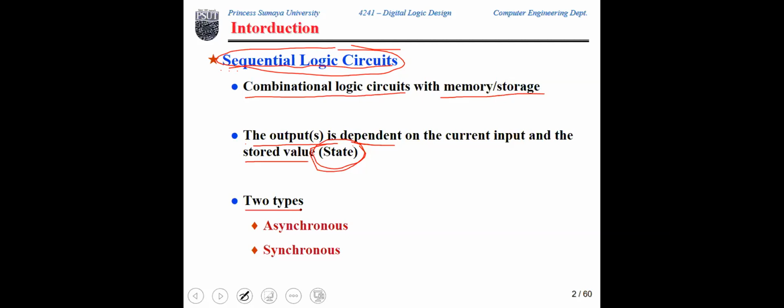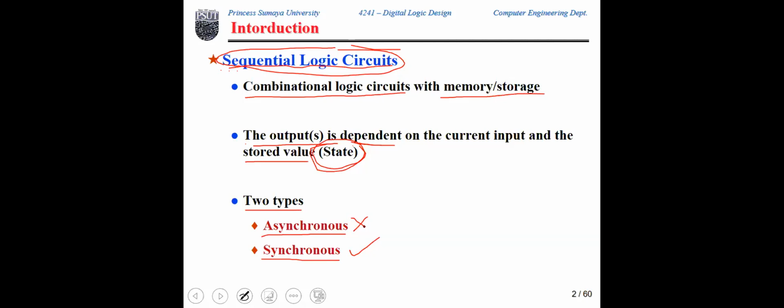Some are called asynchronous sequential circuits, and the other is called synchronous sequential circuits. In this chapter, we will consider the synchronous type. The asynchronous type is not widely used because it is complex to design, and it is usually discussed in advanced logic courses.